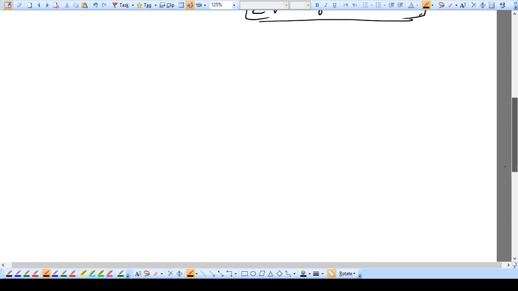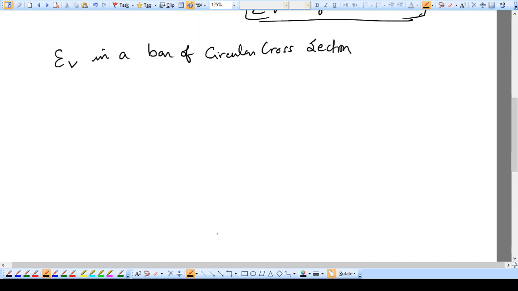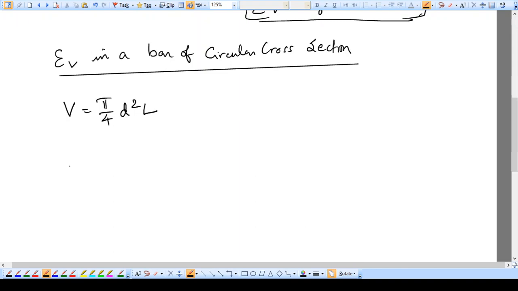Similarly, we can find the volumetric strain in a bar of circular cross section. The volume is given by pi by 4 d square L. The change in volume is given by pi by 4, I can keep it as a constant.